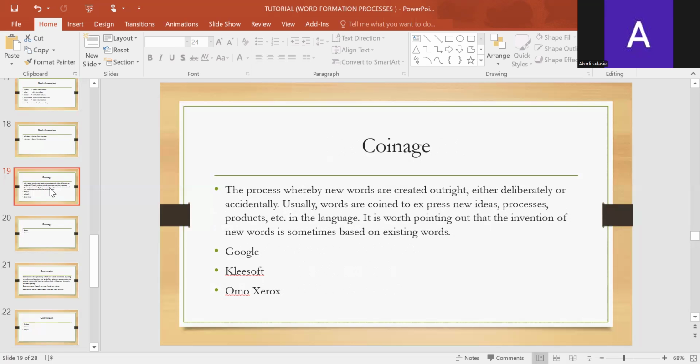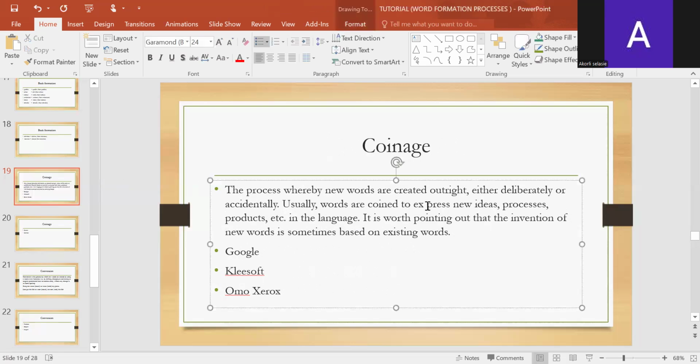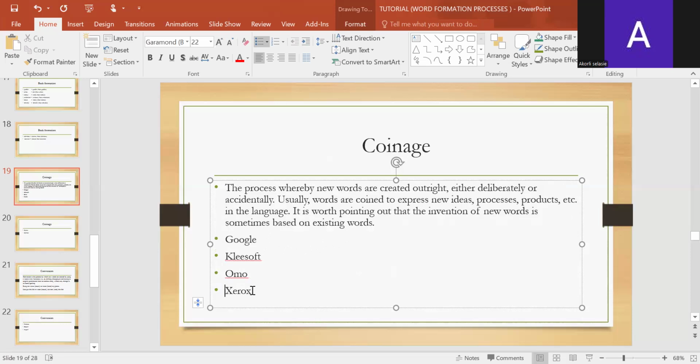It's worth pointing out that the invention of new words is sometimes based on existing words. So things like Google was coined by somebody. Clickstart was coined by somebody. And maybe Xerox.